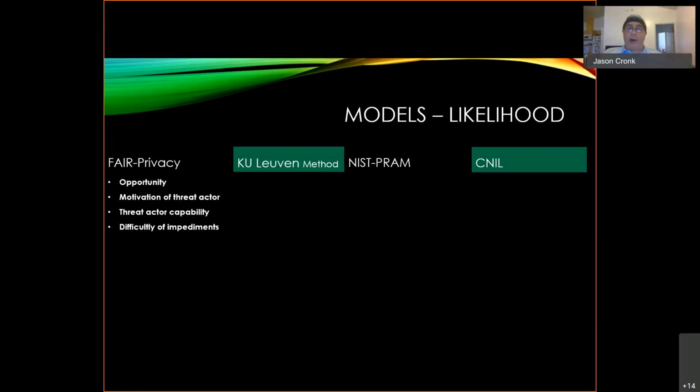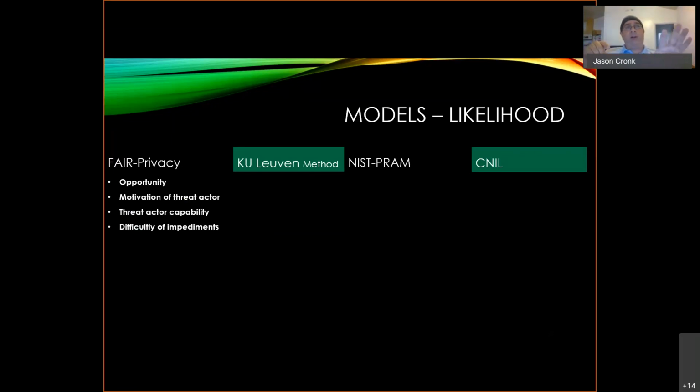So let's say you're concerned about social media users doing something to other social media users. If you have some stalker trying to stalk somebody, they're going to be highly motivated, whereas the average person is probably not going to be motivated much. So there's going to be variance among the population of threat actors and against the population of potential at-risk individuals.